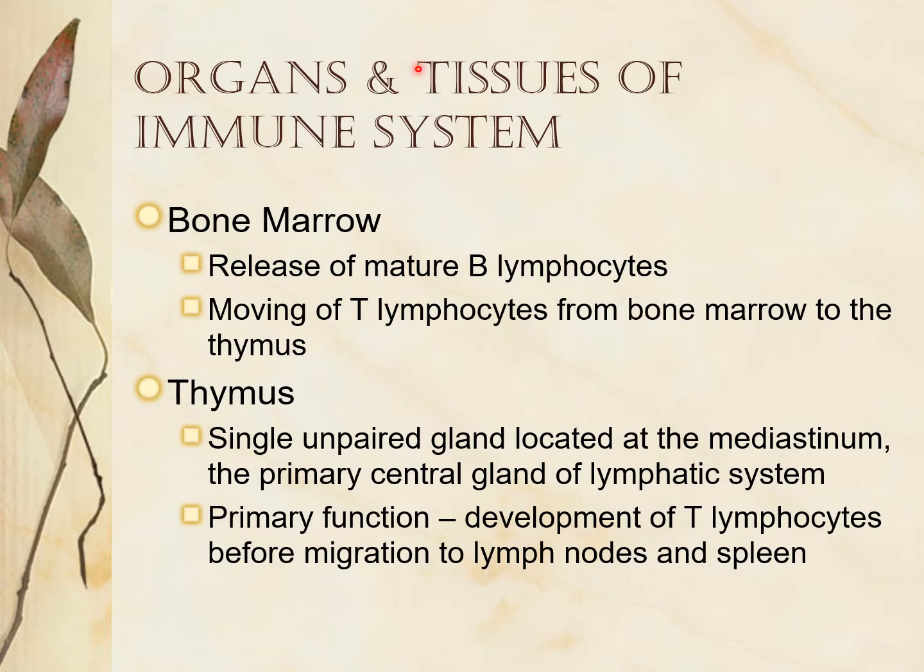So we have the thymus. The thymus is a single, paired gland located at the mediastinum, the primary central gland of the lymphatic system. The primary function of the thymus is the development of the T lymphocytes before migration to the lymph nodes and spleen.